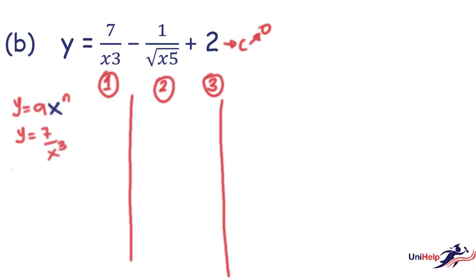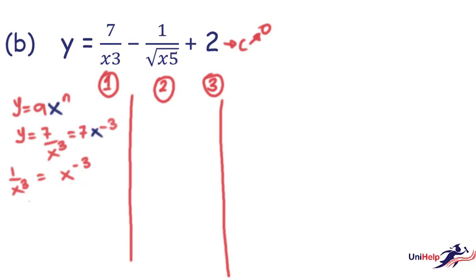Recall from indices that 1 over x raised to the power 3 could also be written as x to the negative 3. That is, this problem could also be written as 7x to the negative 3. In this case, the general rule could be applied.